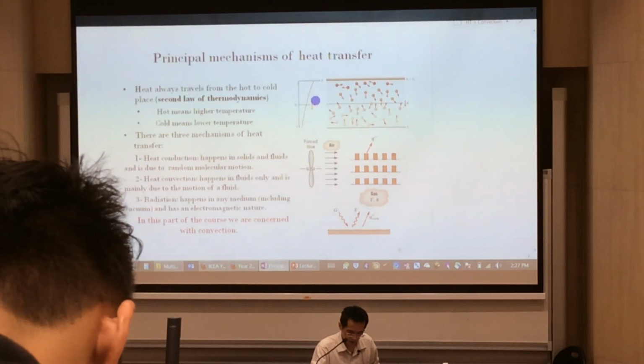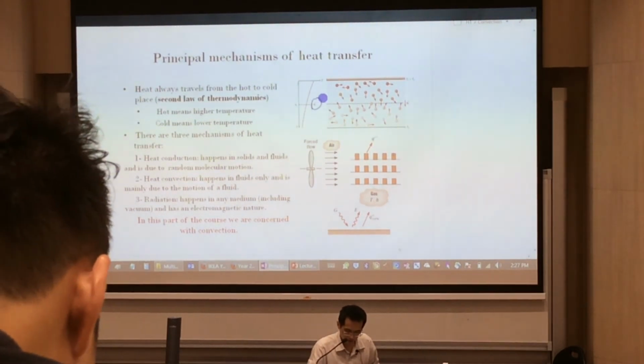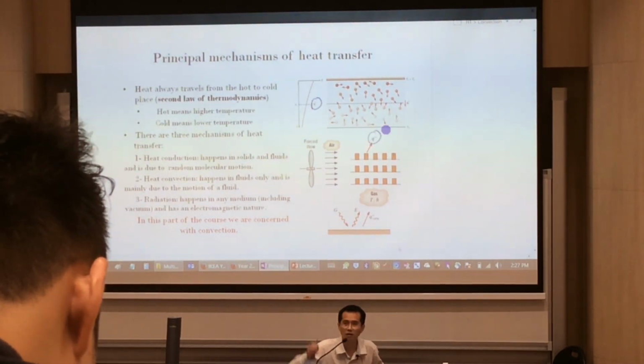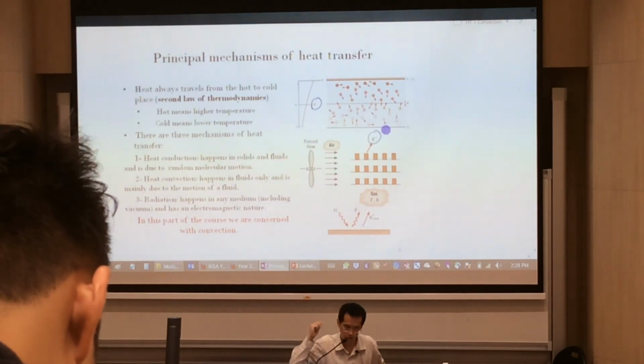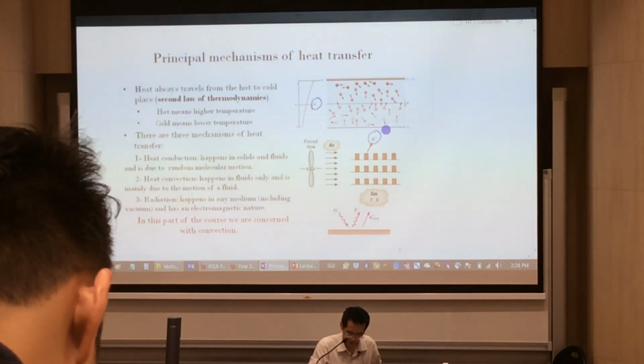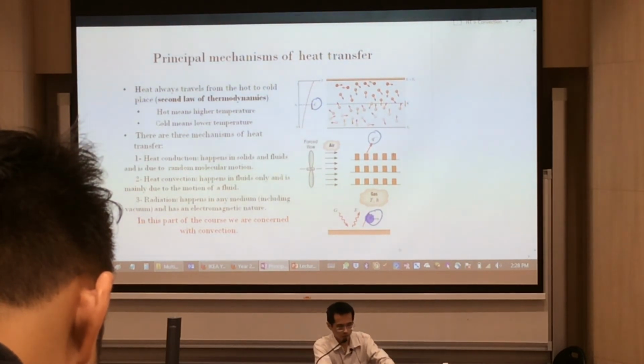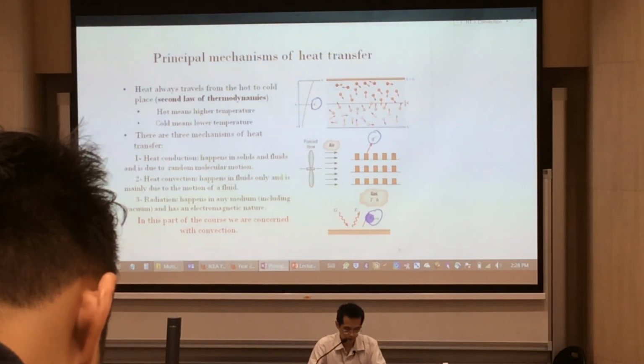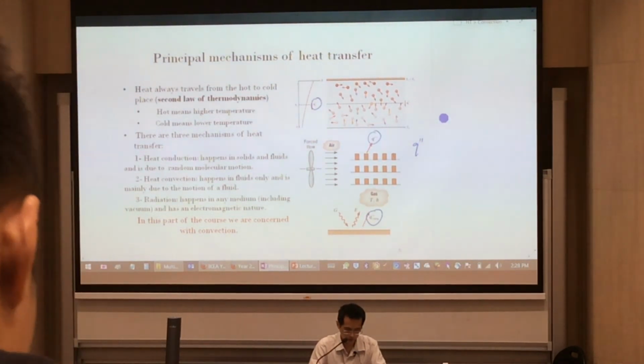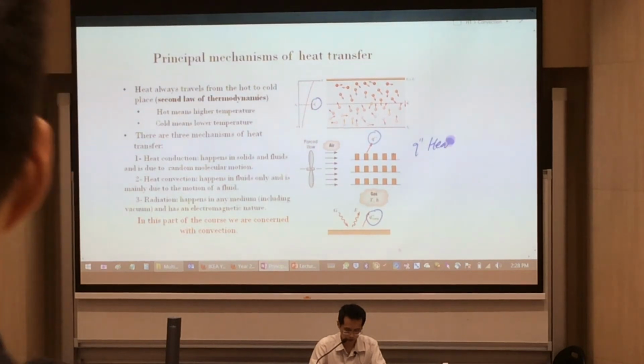I want to talk a little bit about this symbol over here, right? Q, kind of like double prime. Could you see? Q and double prime over there. So this symbol, Q double prime, is actually called heat flux.